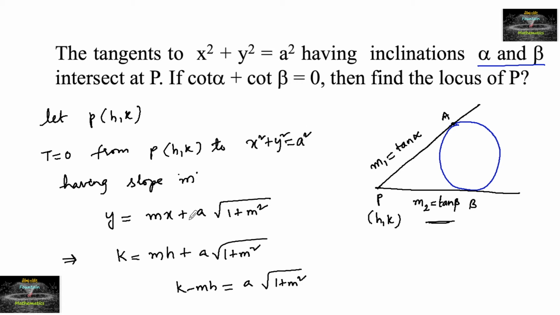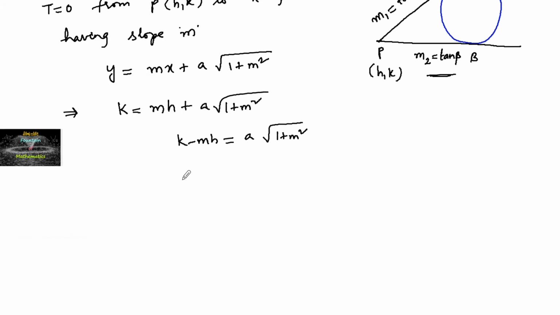Even the condition can be taken plus or minus here, and squaring on both sides will give positive, so we consider the positive. So (k − mh)² = a²(1 + m²).